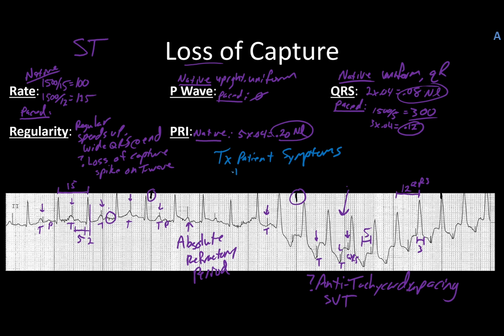You got to treat the underlying rhythm. It'll be up to the cardiologist to figure out what exactly was going on here, to figure out what exactly all this mess was.